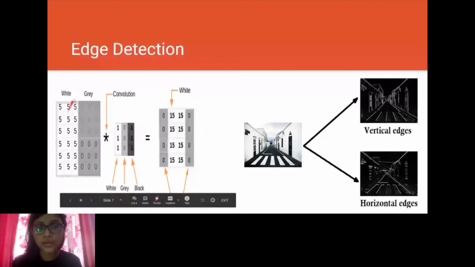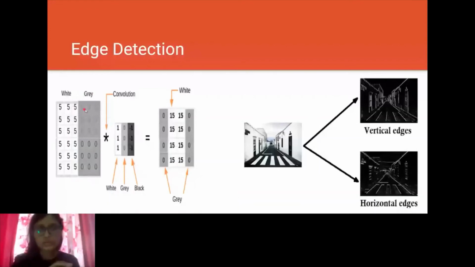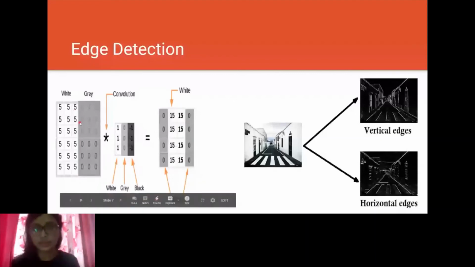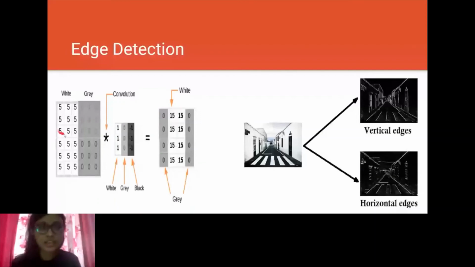So what does this signify? Whenever there is a color gradation from white to gray, at that time we get a bigger number as output. These bigger numbers signify that yes, the feature that we want to detect is present in that region. And here the 0 signifies that that particular region does not have a color gradation.